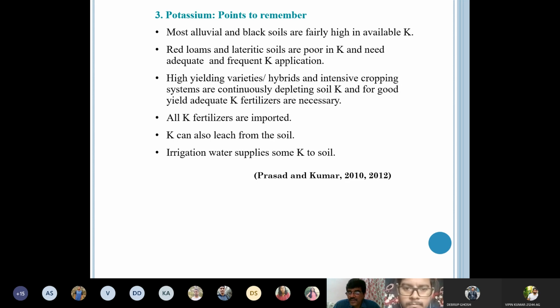They remove more potassium even than nitrogen. So large quantities of potassium are removed by the crops. All K fertilizers are imported, we need to keep in mind. And K can also leach from soil, and irrigation water partially supplies a certain amount of potassium. So these are a few points.